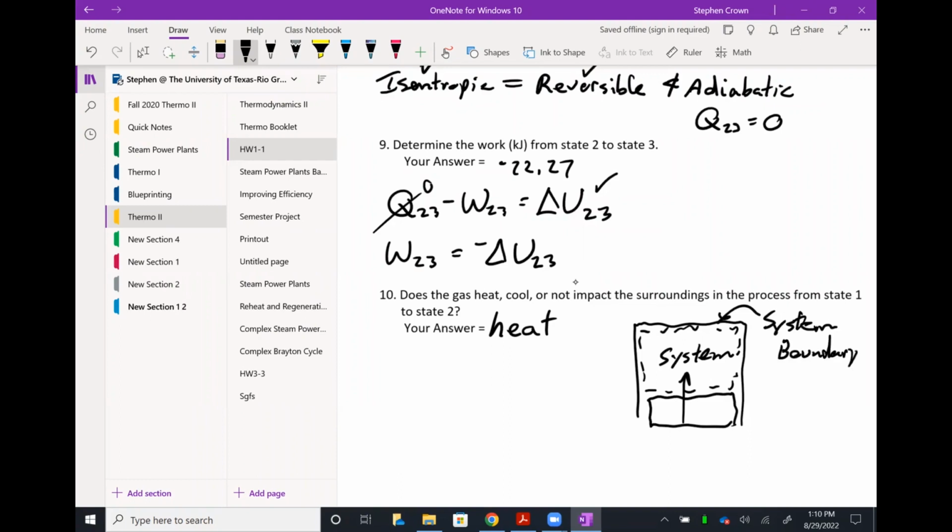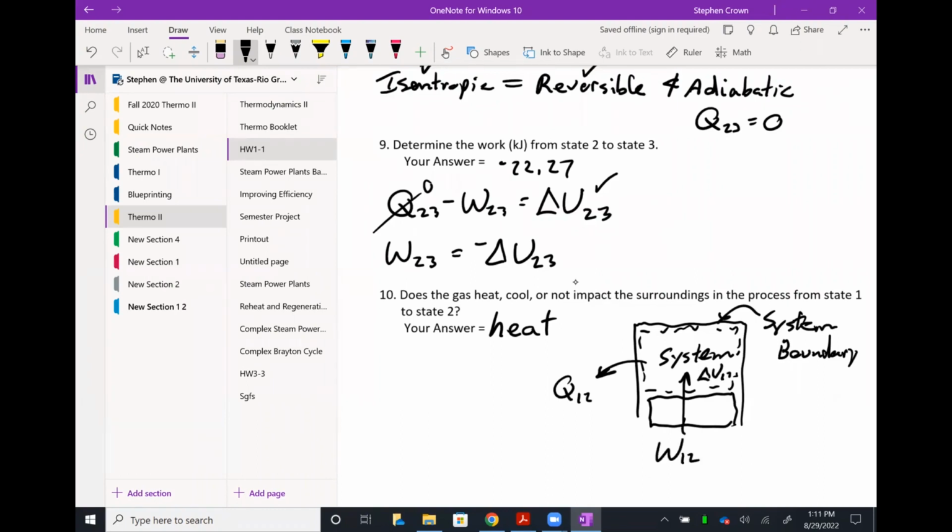We've been applying these laws of thermodynamics to the system boundary. In this case, we had Q12. We had work being done here, this is work 1,2. And then we had delta U 1,2 happening.